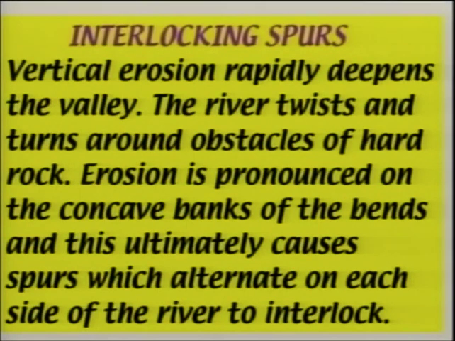Erosion is actually pronounced on the concave banks of the bend, and this ultimately causes spurs which alternate on each side of the river to interlock. Okay, for those students who are still making notes on that, you can do that quickly and we'll move on.